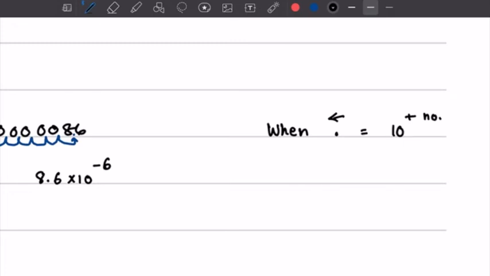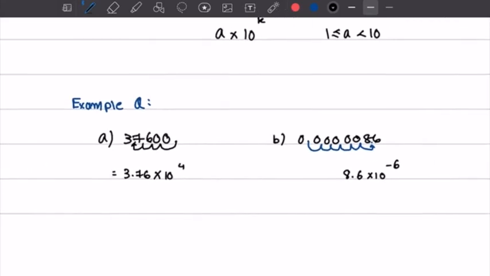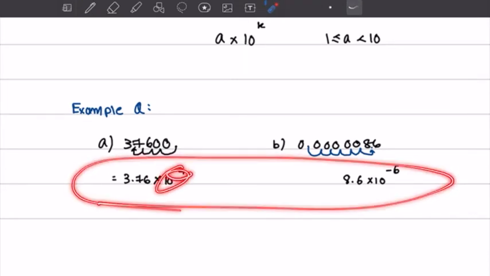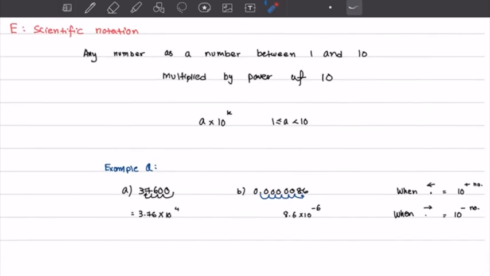And when the decimal goes towards the right, your answer will be 10 to the power of a negative number. This is all that scientific notation is. You're writing big and small numbers in a short form with a power of 10.